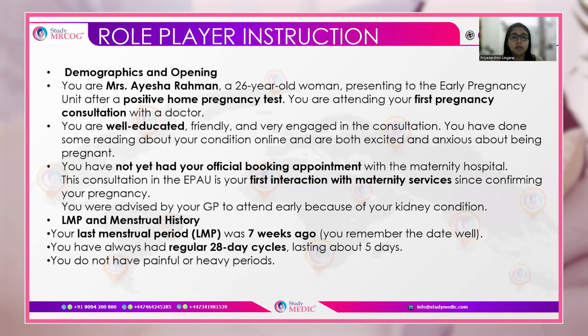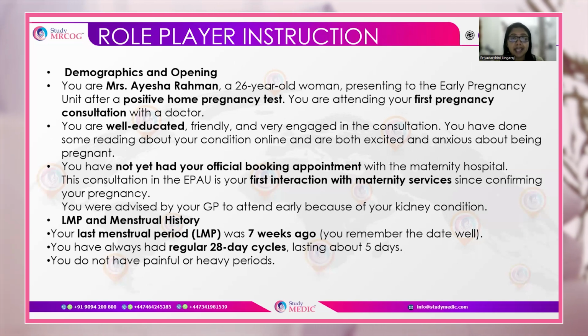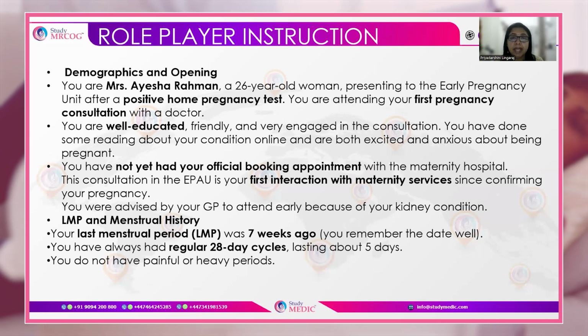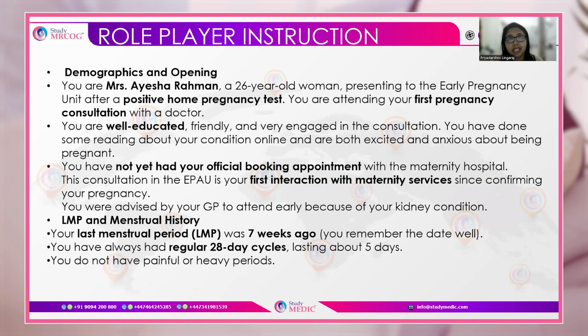The most important thing to understand here is that all the role players will also be given a script that they need to follow. In the script, the role player's key information is provided: the name, the age, the obstetric history, the past history, the medical history, all the pertaining information.